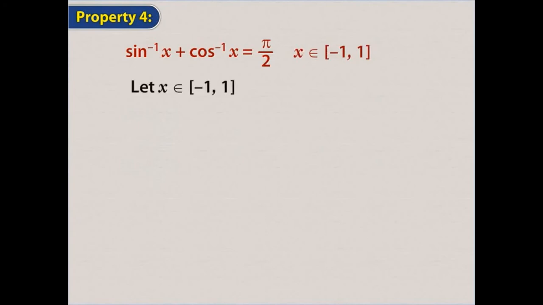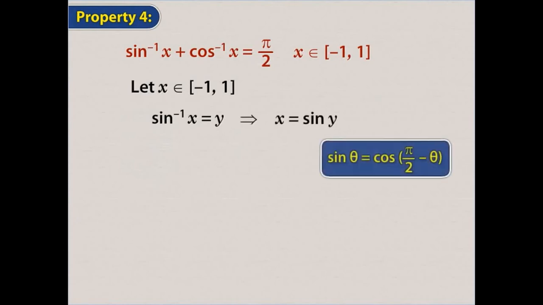Property 4. Next property which will be proved is sine inverse of x plus cos inverse of x equals pi by 2 for x in the closed interval minus 1 and 1. Let x be an element in the interval minus 1 to 1. Sine inverse of x equals y. x equals sine y. x equals cos of pi by 2 minus y.